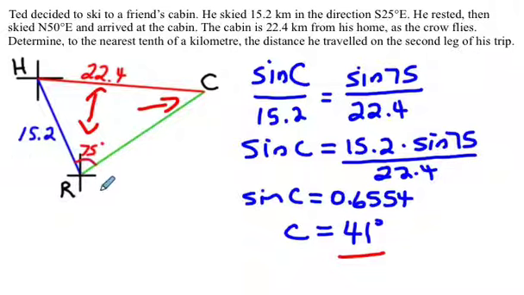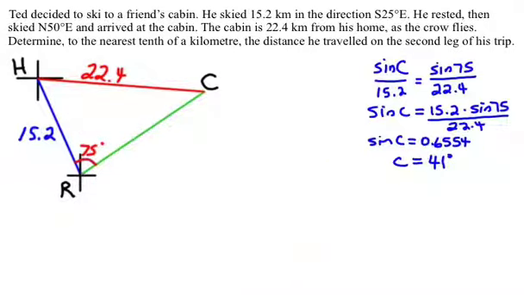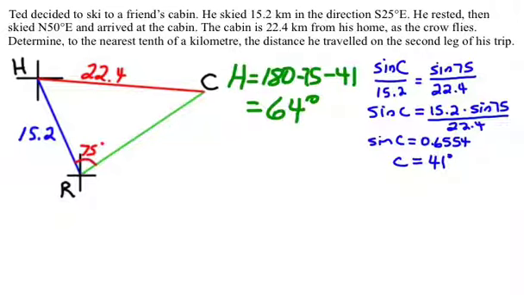we now know two angles of the triangle. And once you know two angles of the triangle, you can always find the third angle by doing simple subtraction from 180 degrees. So 180 subtract 75, subtract 41 gives you 64. And that's what angle H will equal.